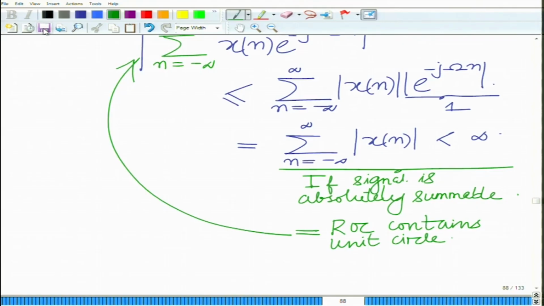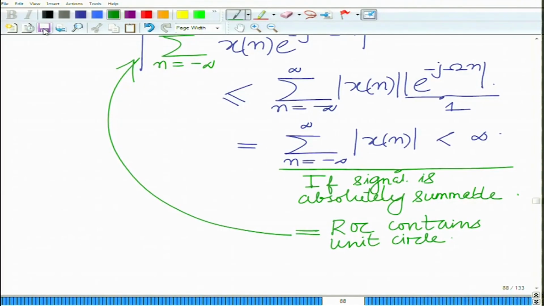Because for every z equal to e raised to j omega, the magnitude of the sum n equal to minus infinity to infinity x[n] e raised to minus j omega n is finite. So basically the quantity is a finite quantity, and therefore the ROC contains the unit circle.